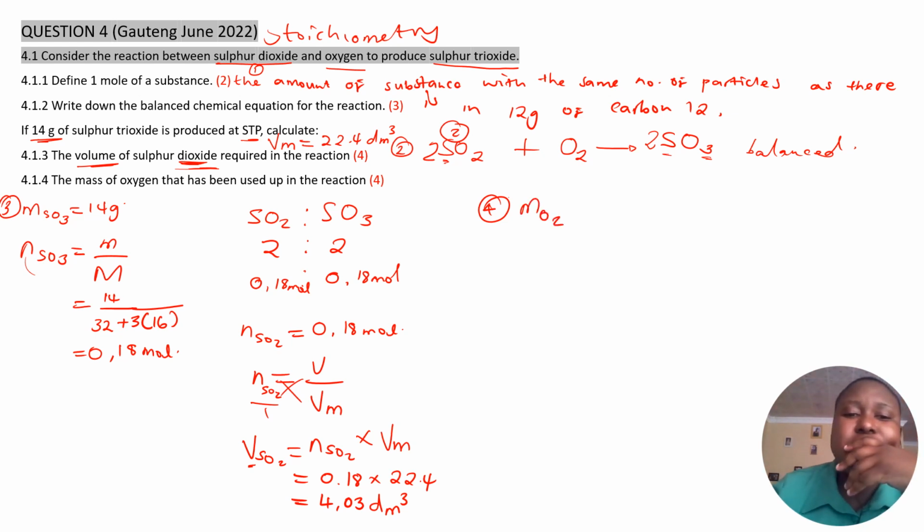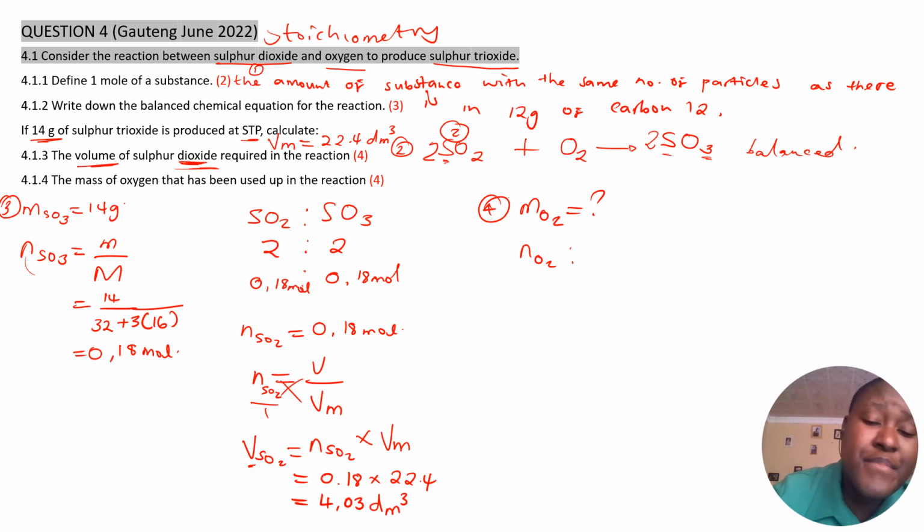And again, using the mole ratios, you are able to get the number of moles of oxygen and then get the mass of oxygen. You want the mass, but the number of moles of O2 you can get using the mole ratios.